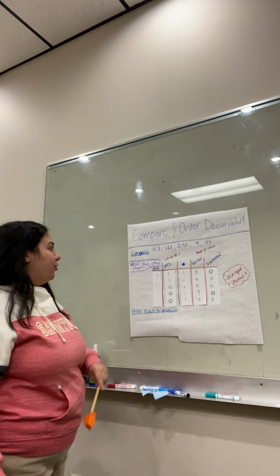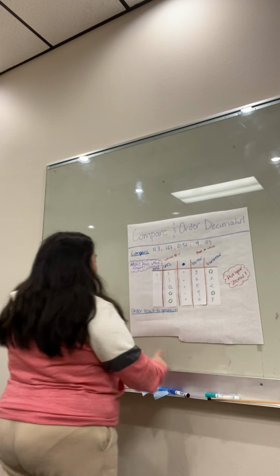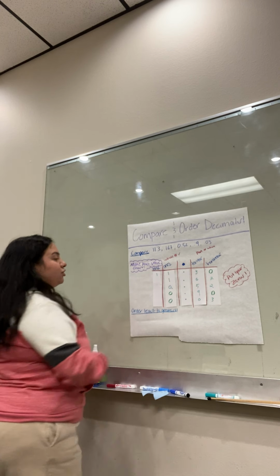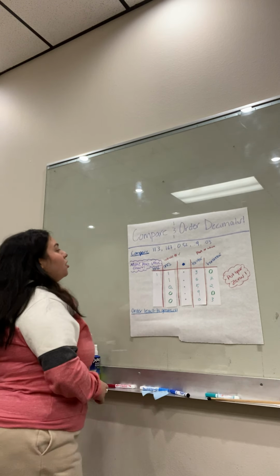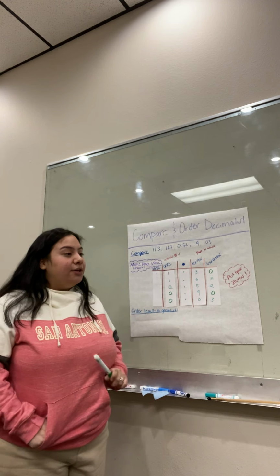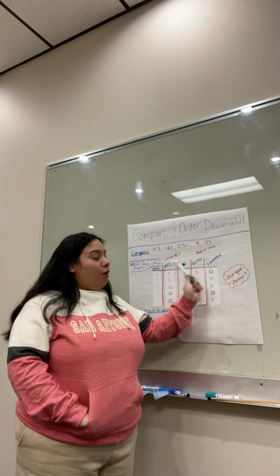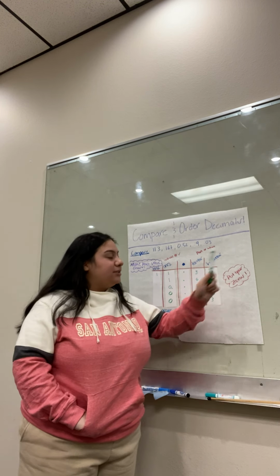Okay, now I want us to order from least to greatest. Does anyone want to take a guess on which one has the least value? Now remember, the tenths place value has more value than the hundredths place value.